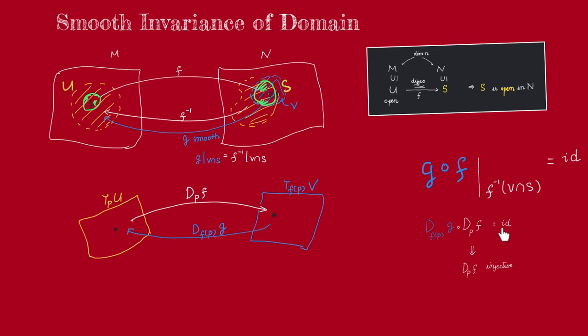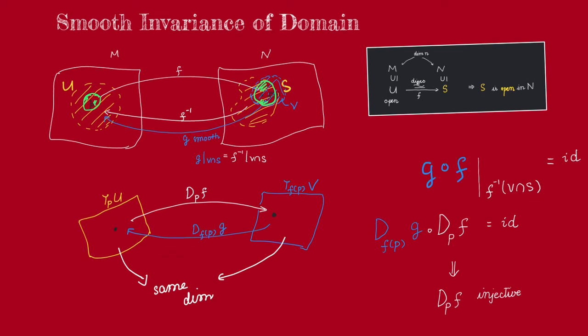So by the chain rule, this composition of derivatives must be the identity. In particular, this means that the derivative of F at P must be injective. But these two tangent spaces have the same dimension. This is where we use the hypothesis that M and N have the same dimension. So then this derivative actually has to be an isomorphism.